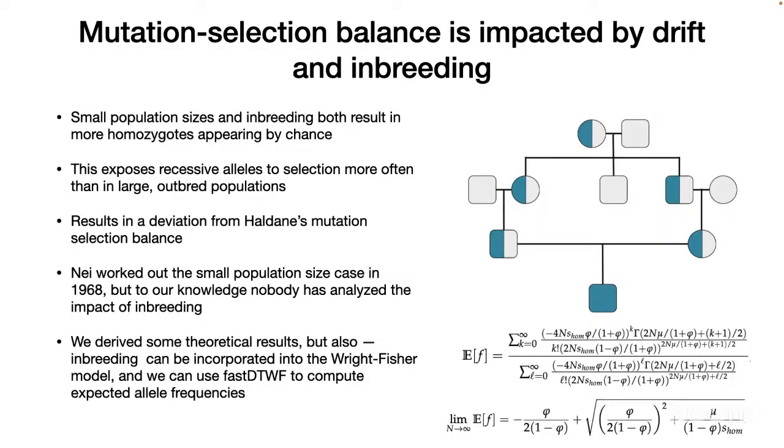This simplifies in the large population limit to something a bit more manageable. Phi here is the inbreeding coefficient. So if this is 0, this term becomes 0, this term becomes 0, and this term becomes mu over s_het, which is exactly our square root thing. So in the no inbreeding case, it recovers the result of Haldane, and in the inbreeding case, it extends to what happens.